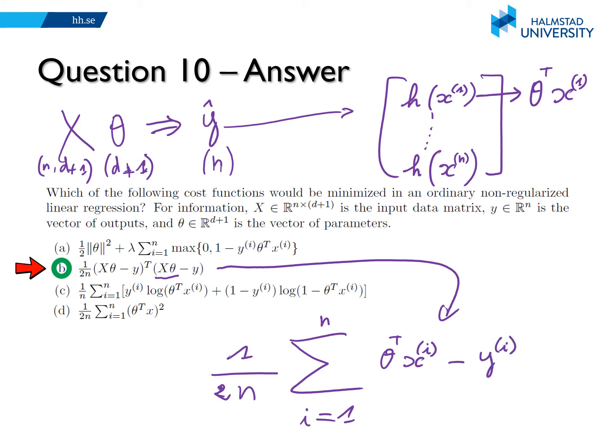This is the true prediction or the true output, and the whole thing squared. So this part here is the predicted output. And so that's the mean squared error cost that you saw in the lecture, and it can be written in this way.